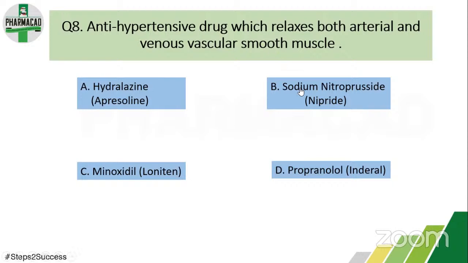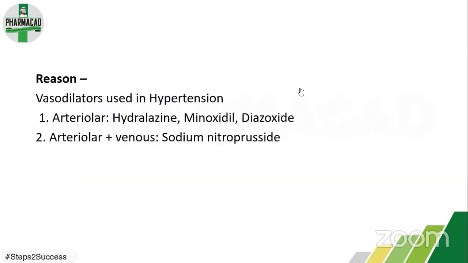To be specific, the answer here would be sodium nitroprusside, because if you see the classification, arteriolar vasodilators will include hydralazine, minoxidil, and diazoxide, whereas for arteriolar with venous vasodilatory properties, you have sodium nitroprusside as the drug.